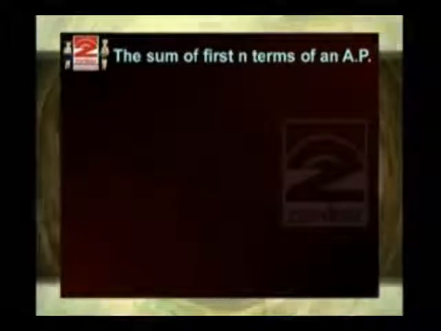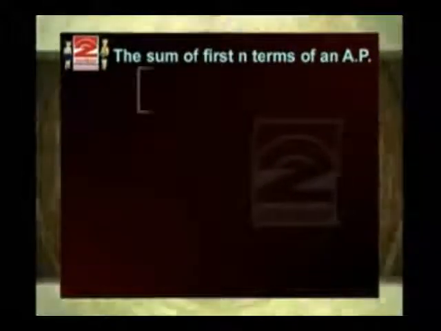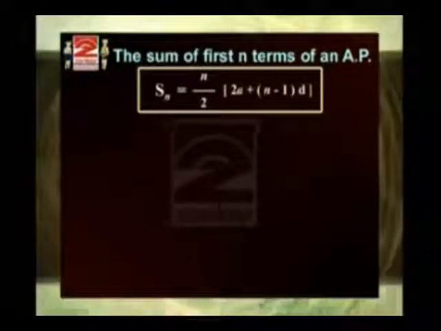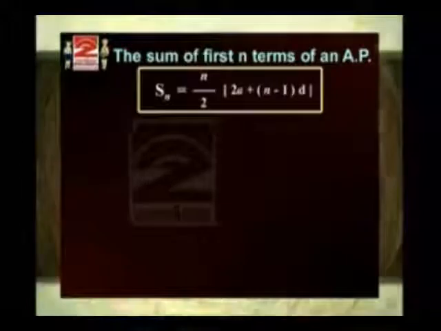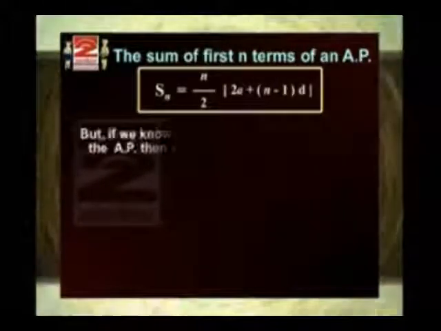Now we'll see the formula to find out the sum of first n terms of an AP. So Sn is equal to n upon 2 into bracket 2a plus n minus 1 into d.